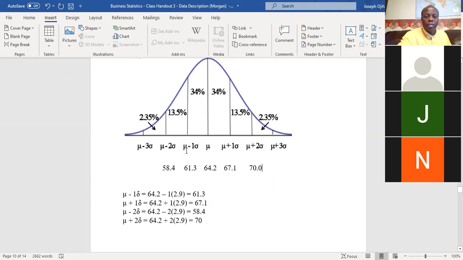Now, the last part is mean minus 3 times standard deviation. That equals 64.2 minus 3 times the standard deviation of 2.9.